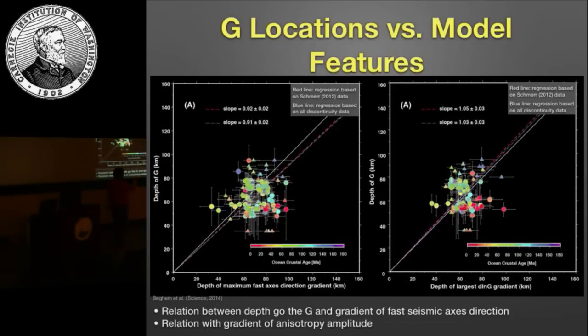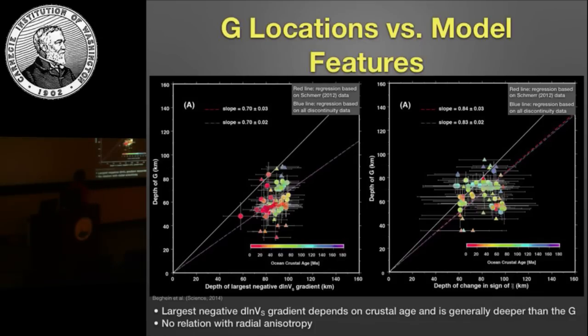We also plotted the depth of the discontinuity versus the largest gradient in the amplitude of the anisotropy, and a similar thing where we have a slope of around 1 if we fit a line through it. And then if we plot the depth of the discontinuity versus the depth of the largest gradient in the velocity, so from fast to slow, then we're clearly off. We're clearly below this one-to-one relation.